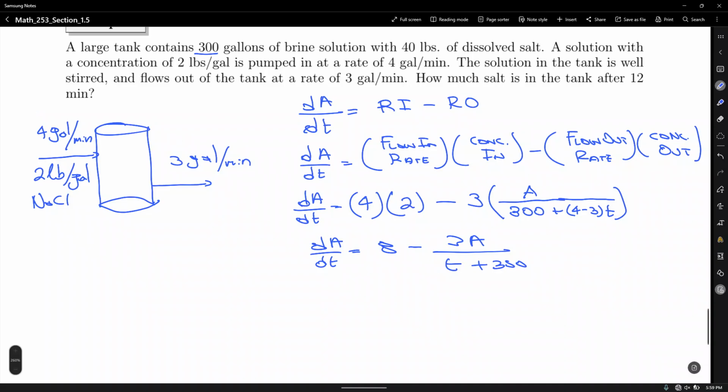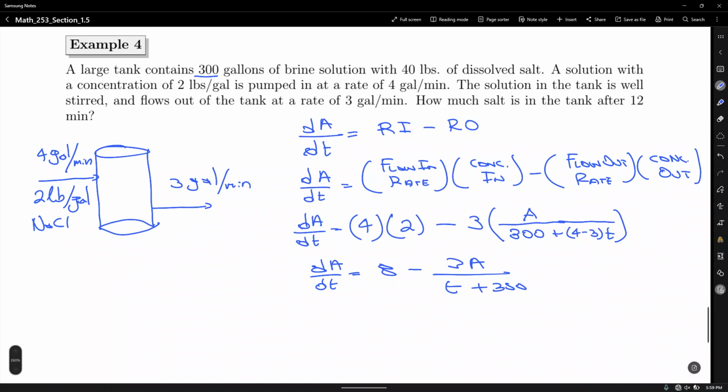Well, actually, this is a linear first order equation. We can't separate this equation because what do we have? The derivative term right here, some function of the independent variable, which in this case is not x, actually it is t, times the dependent variable A, and then a constant function that can be left on the right-hand side of the equation.